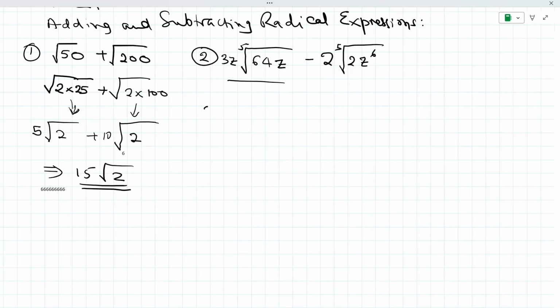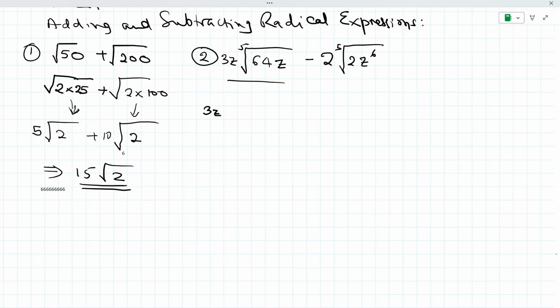So we can just write 3z and then look at what we have inside the root. We have 64. Now, you realize that 64 is 2 to the power 6, or rather 2 multiplied by itself 6 times. So we can actually remove a 2 to the power 5.